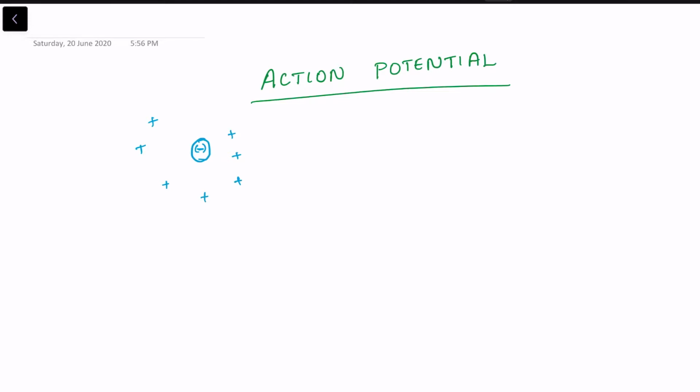This negativity is maintained in three ways. One is because of the sodium and potassium channels, which are on the cell membrane, and the sodium potassium pump.